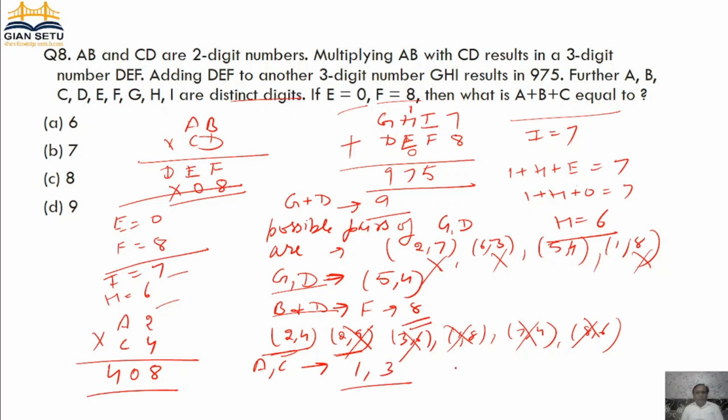Now we need to find the sum of A, B, C. Here A is equal to 1, B is equal to 2, and C is 3, and the sum is equal to 6. So the right answer is A here.